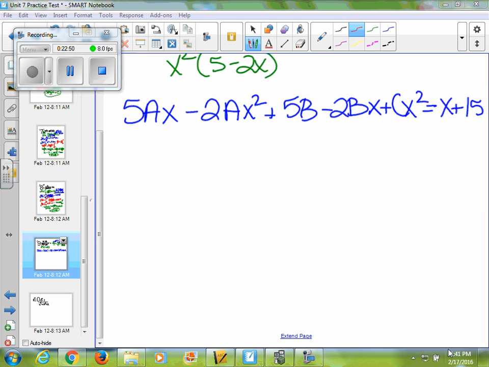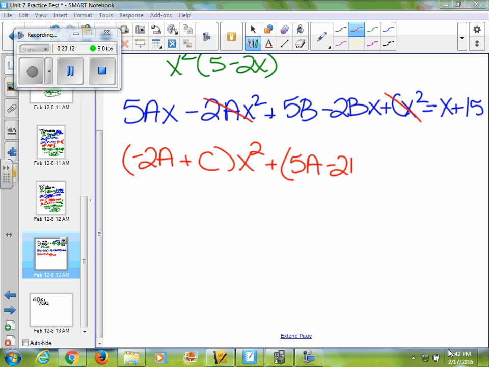What would be my next step then? Group them. Yep. So I have a minus 2ax squared, and I have a cx squared, so minus 2a plus cx squared. I have a 5ax and a minus 2bx.